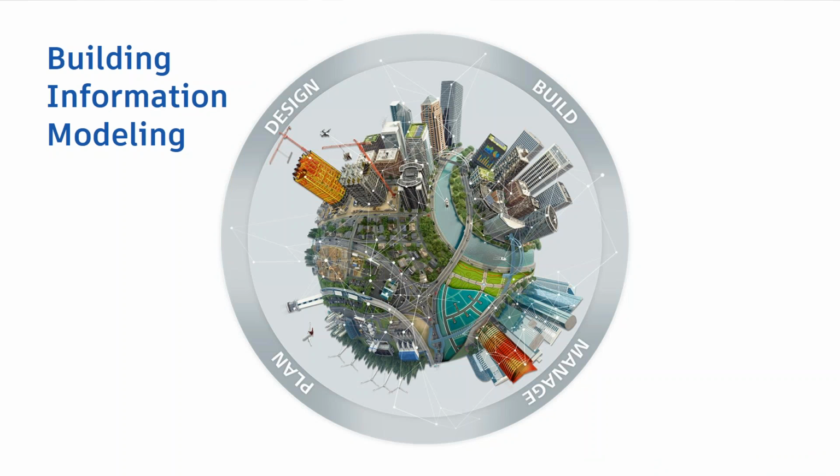So you can hear a lot today about building information modeling. Obviously, building information modeling can have a lot of perspectives. And today we will touch a little bit on BIM for infrastructure, and an important part will be what we call a dynamic model.